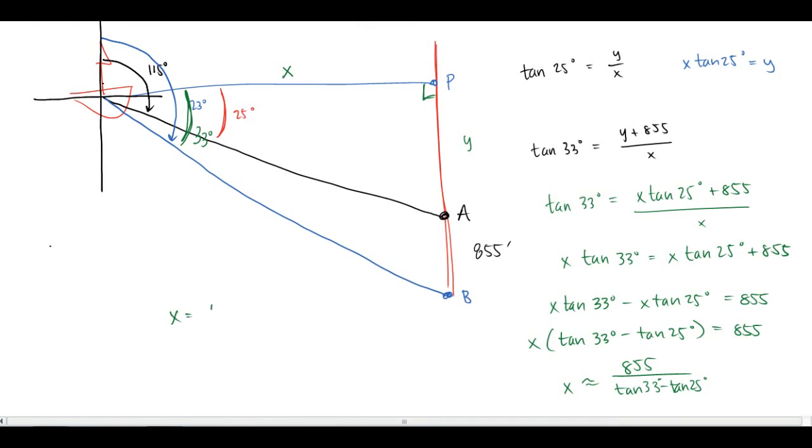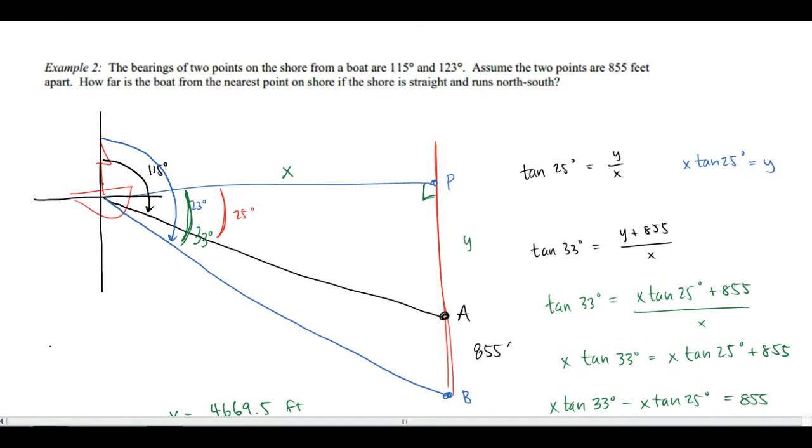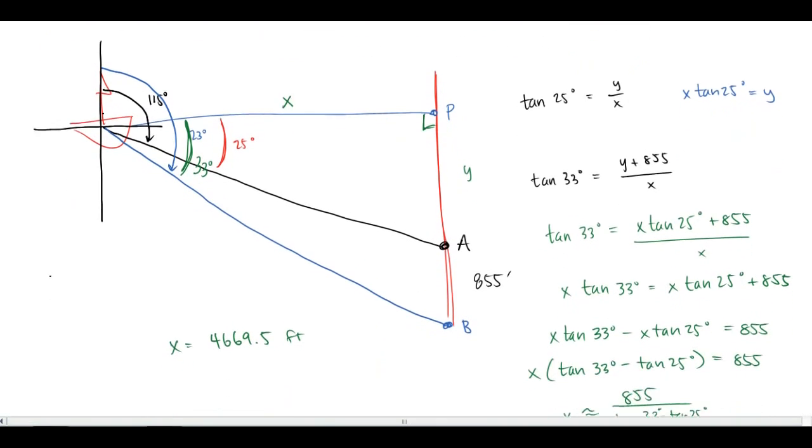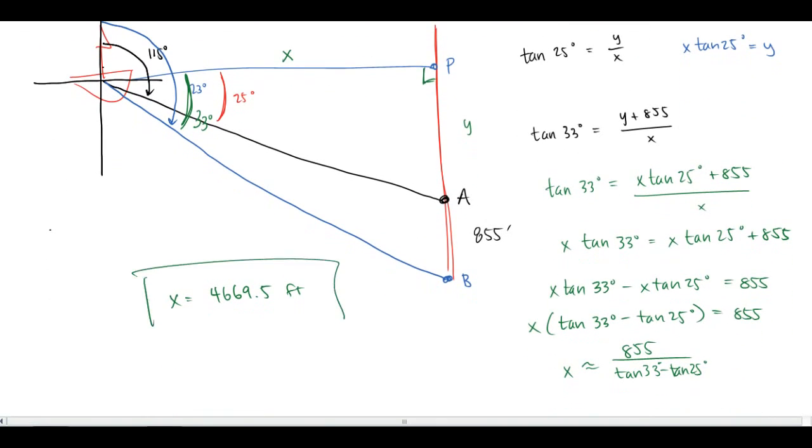So x would equal 4,669.5 feet. I better read the instructions one more time. They did not ask me to round, so go as close as you like.